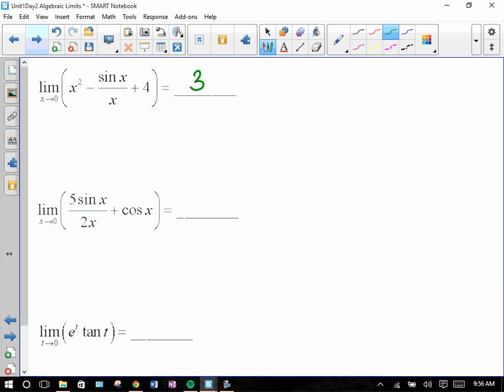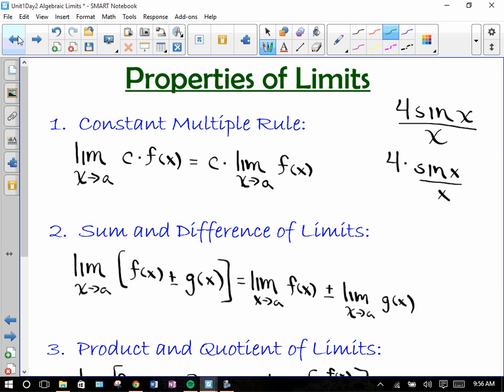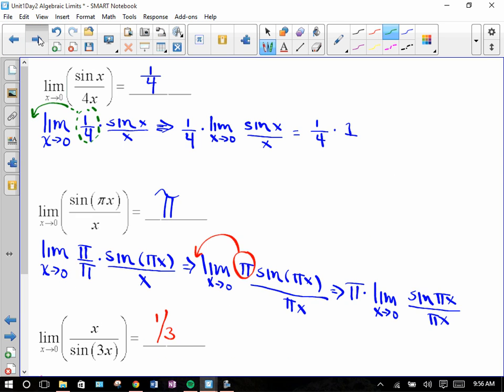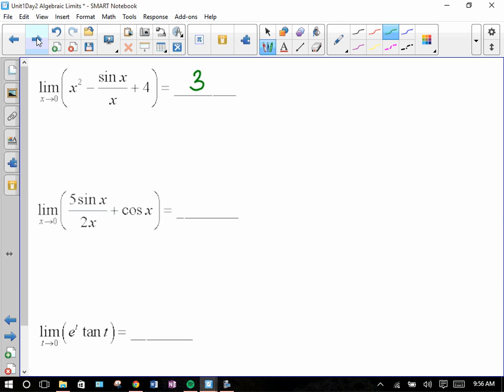So how can we prove this? It almost seems like we should be able to break it up using the sum and difference properties of limits. The sum and difference property of limits says that we can take a complex function like this and break it up, so that I take the limit of one thing, subtract the limit of another, and add the limit of another.